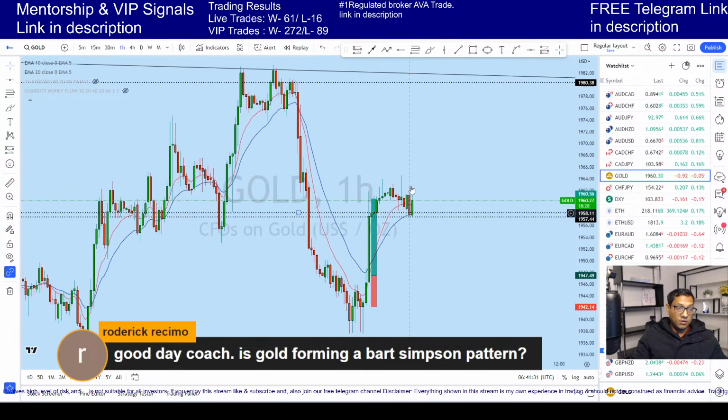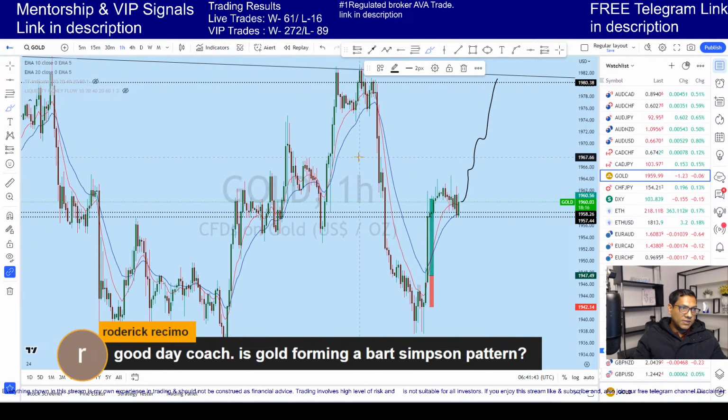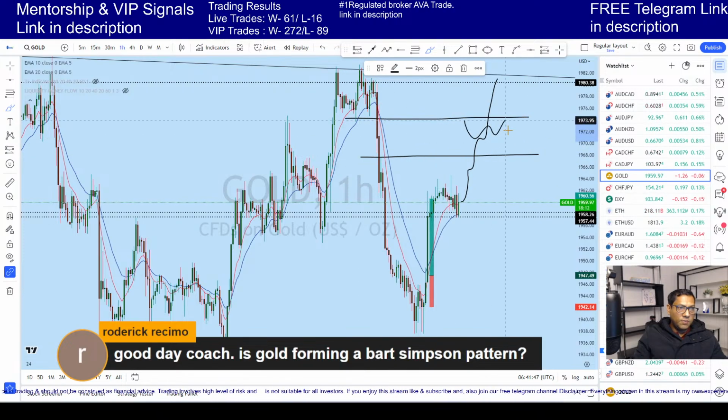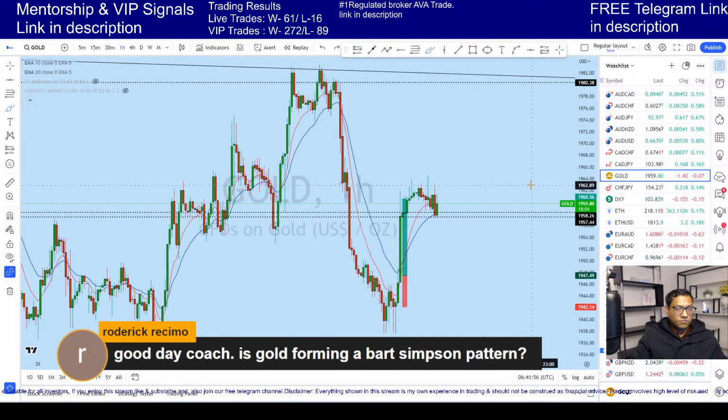I think after this kind of pattern, highly likely gold will break to the upside again to create a new higher high. And with that higher high, because there is an imbalance in that area, you can see this is the resistance, support, there's an imbalance here, and highly likely that gold will move towards the upside to that resistance zone, and then we can expect gold to move to the upside.